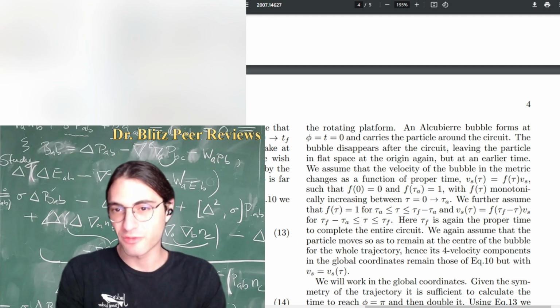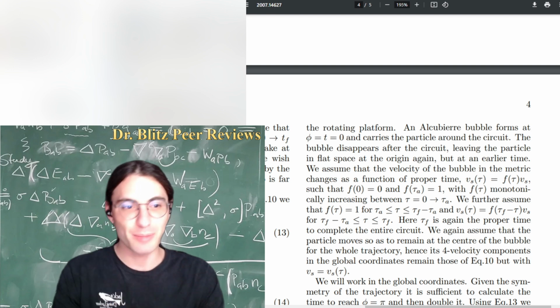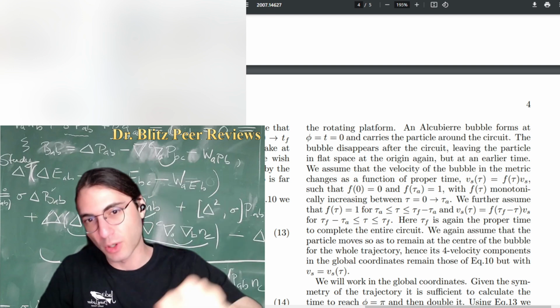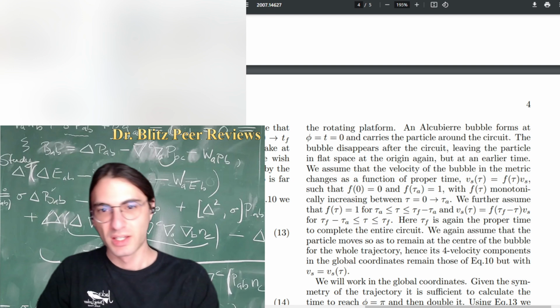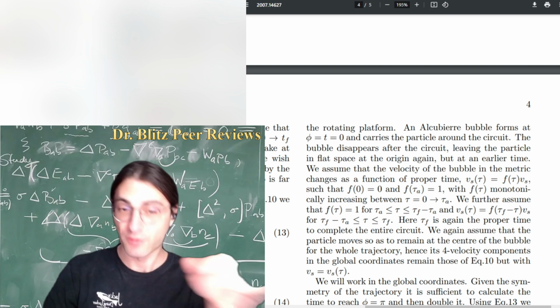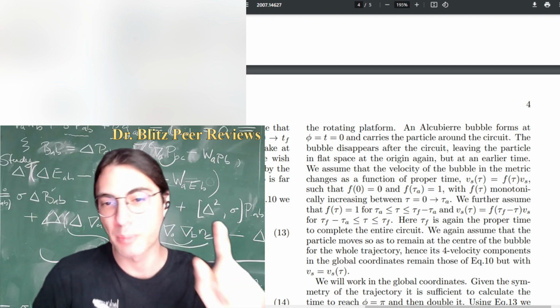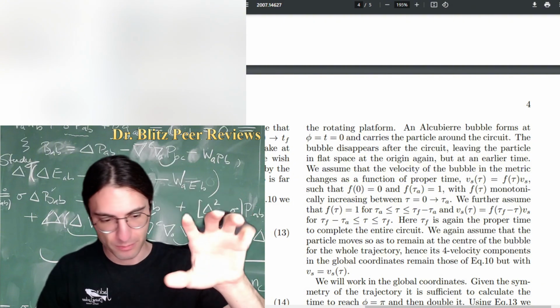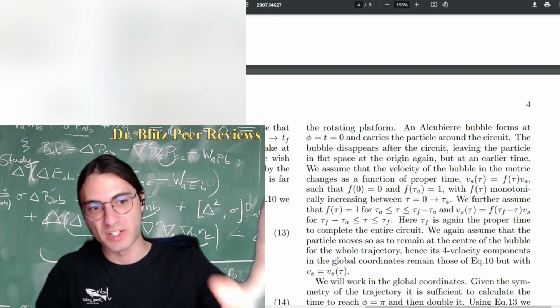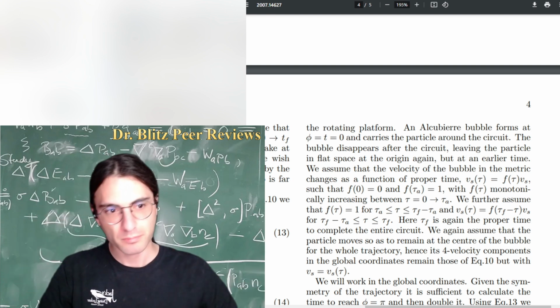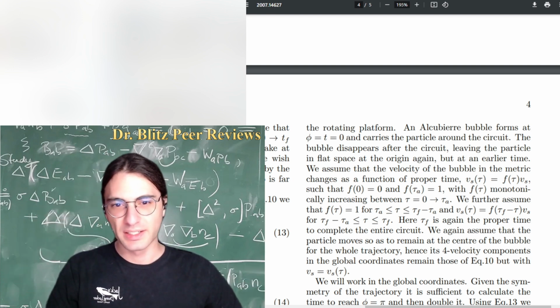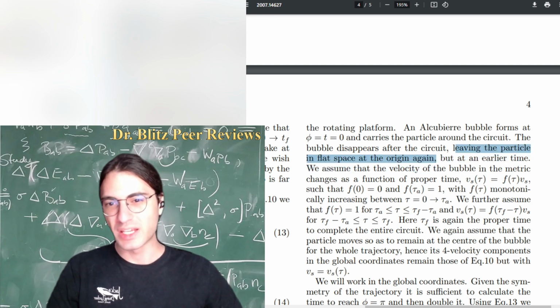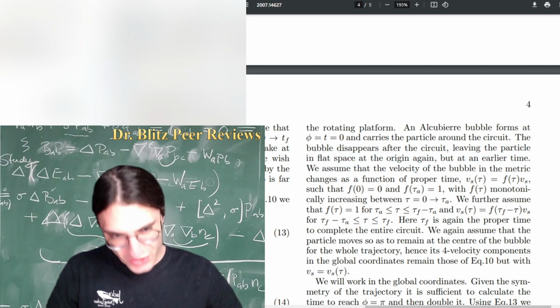It forms at phi equals t equals 0, and because it forms where the particle is, it carries the particle around the circuit. Then the bubble goes away after one full circuit, and it leaves the particle back where it started. So the Alcubierre drive appears, goes around the circuit once, and then disappears. This leaves the particle in flat space at the origin again, but at an earlier time.